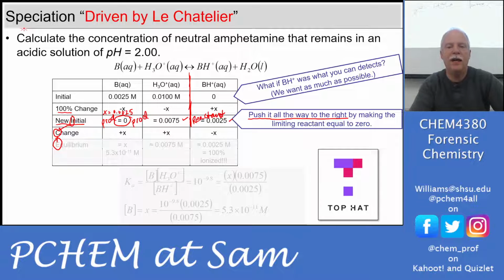Now, looking at this reaction, if I run this reaction backwards, that's BH plus plus water gives B plus hydronium ion. That's the BH plus, that's the acid form. So use Ka.